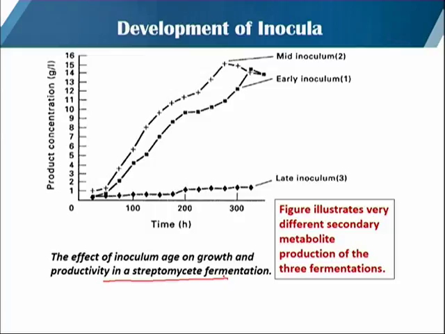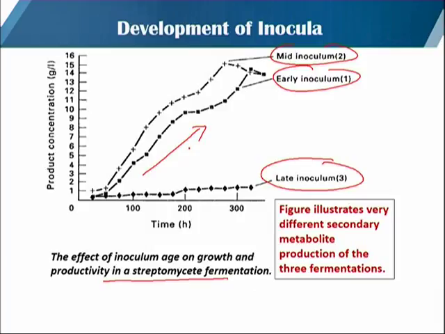You can see that if there is late inoculation, the product concentration of streptomyces is much less productive. When they use the early or the mid inoculum, they have a very suitable rate of productivity. So by this graph you can say how the inoculum age is effective on the production rate.